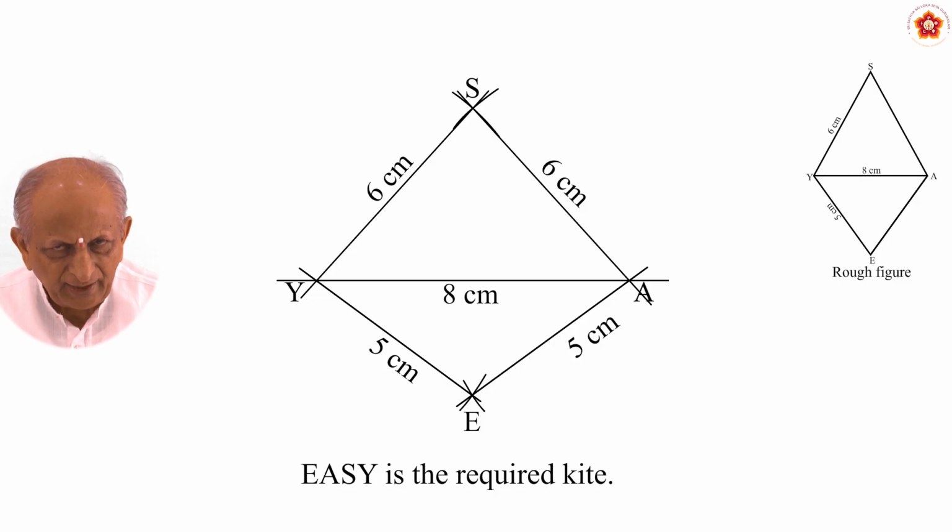Second property is that the two diagonals bisect at right angles. So that is how the kite is made. And you can prepare your own kite. Will you prepare? Okay. Take a colored paper and prepare your own kite. Leave it in the sky and enjoy.